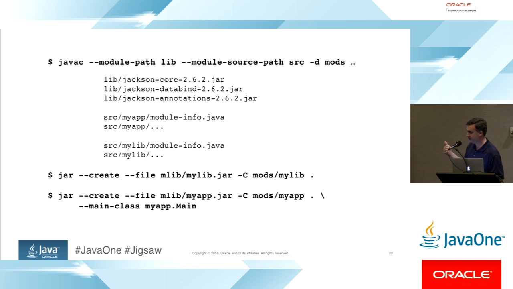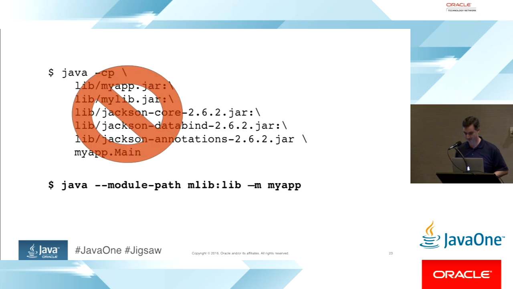And then because these jar files have module-info.class files in them, compiled from the two module-info.java files, we call them modular jars. Modular jars is a term you will hear a lot in the succeeding talks in this sequence.